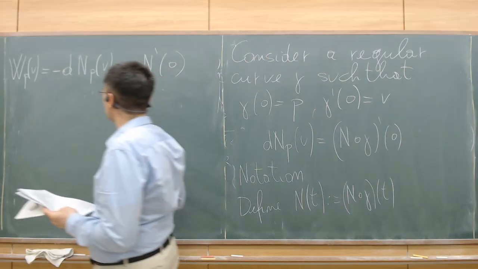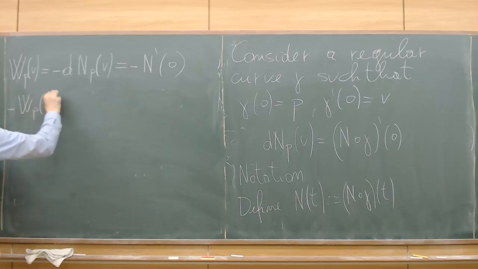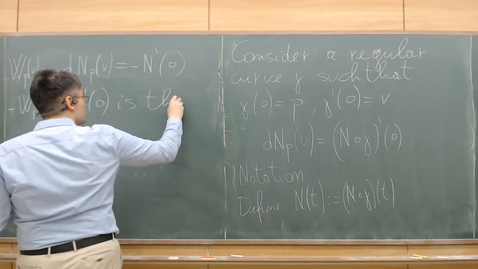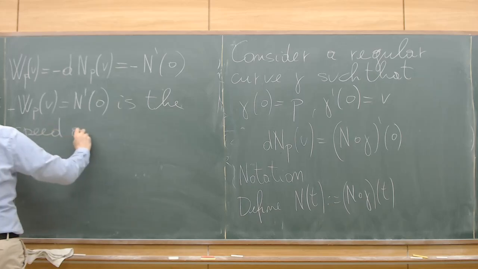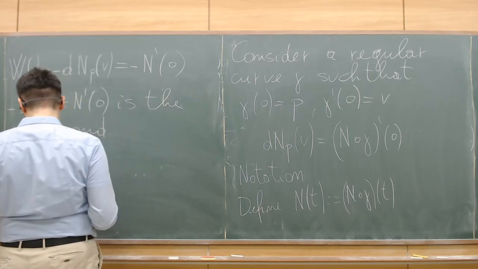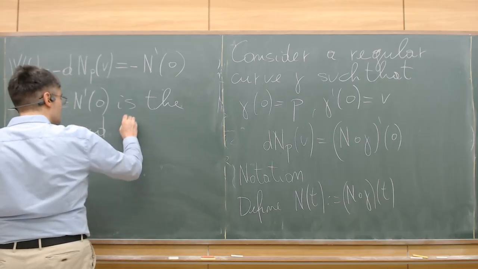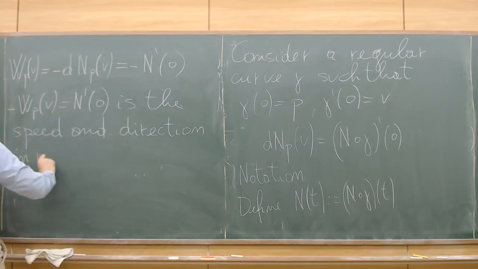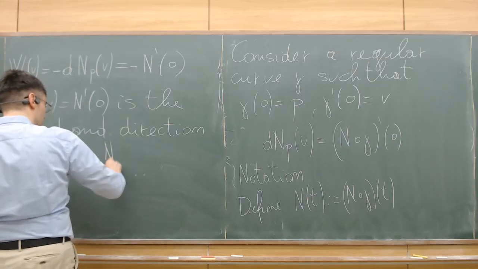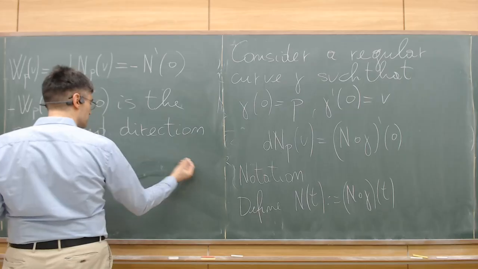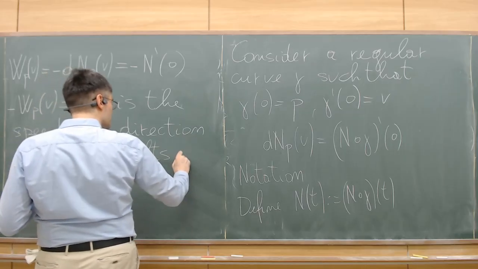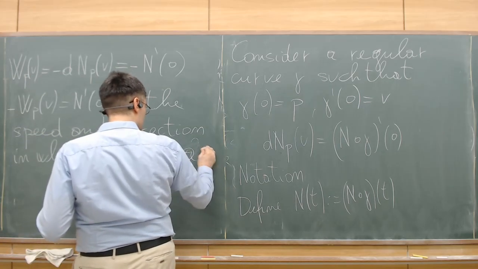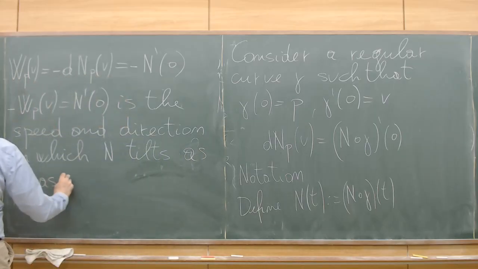So essentially we can say that minus WPV equals n prime 0, which is the speed and direction in which n tilts as I pass through P.